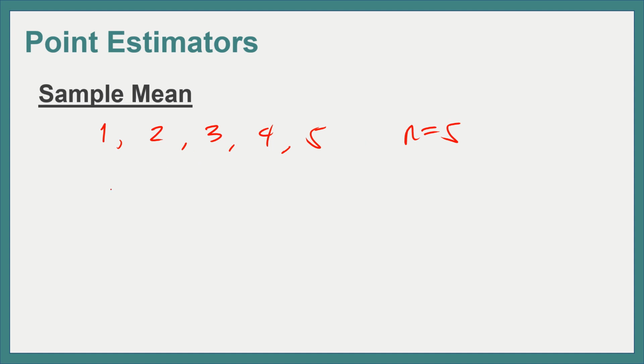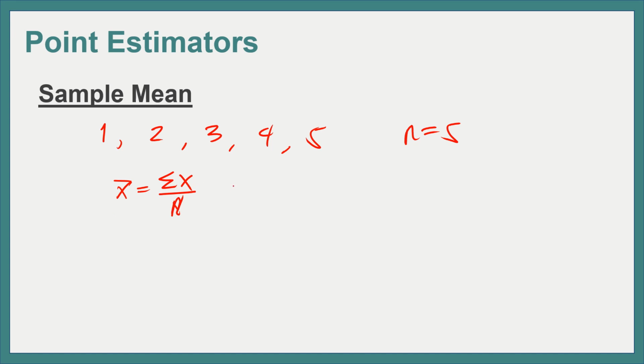So to solve for the sample mean, we use the equation x bar is equal to the summation of our individual observations divided by the number of our sample. So we can use here small letter n to denote the size of the sample.